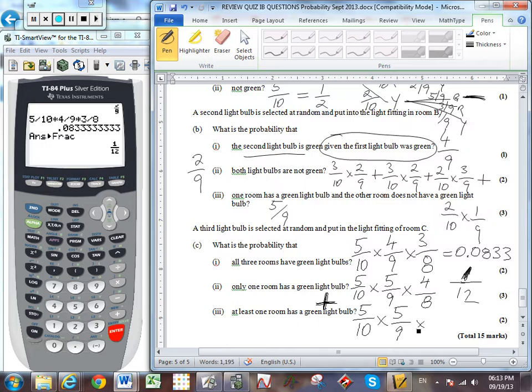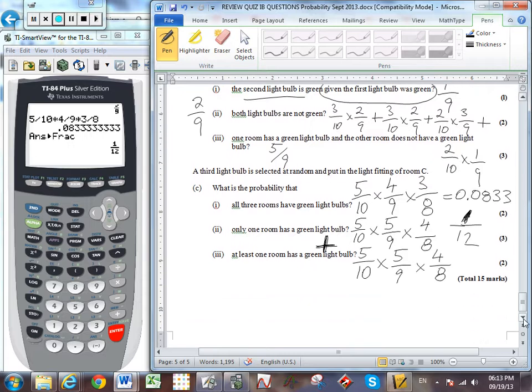And now because we've already taken a non-green one at the beginning, there's only going to be 4 non-green ones left out of the 8. And let's suppose that the green that we had was in the third room. So we've got one of the 5 reds or yellows out of 10 for the first room. There's only 4 reds or yellows left out of 9 for the second room, but we've got all 5 remaining greens out of 8 for the third room.